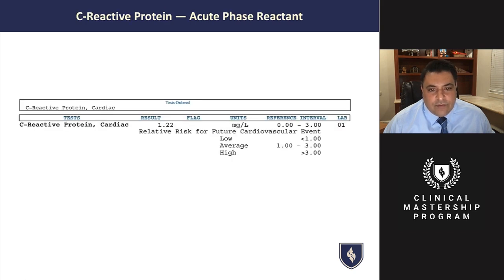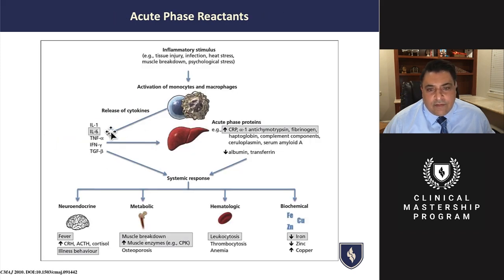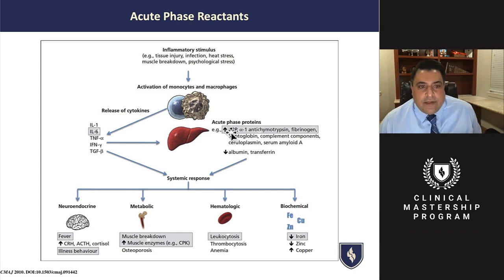C-reactive protein is a completely different inflammatory mechanism than ferritin. Inflammatory cytokines like IL-1, IL-6, TNF-alpha, and interferon get metabolized in the liver into an end protein called C-reactive protein. That's really what you're measuring: the end product of different cytokines being metabolized by the liver into CRP.